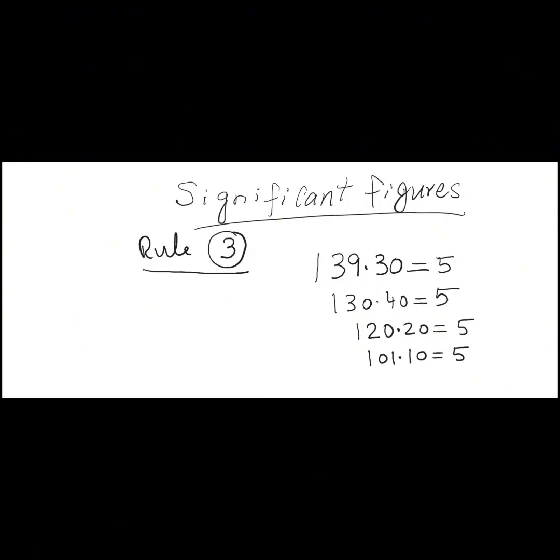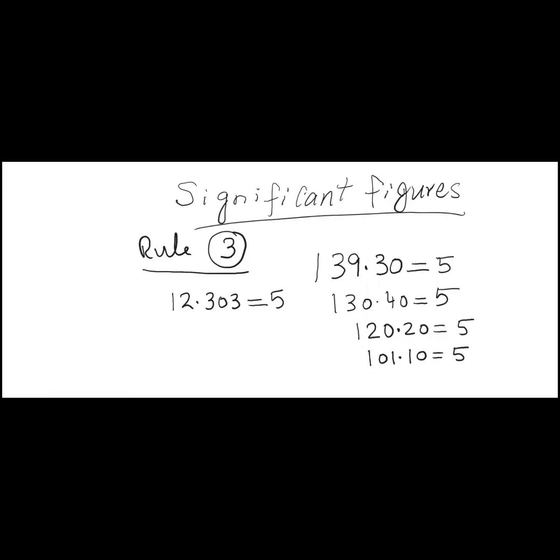Again 5. Let's see another example. 12.303. Now you see that there's a decimal. Yes, 0 is between two significant numbers, so they would be considered as significant numbers. 1, 2, 3, 4, 5. That's called rule number 3.